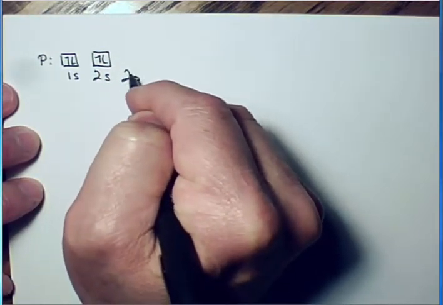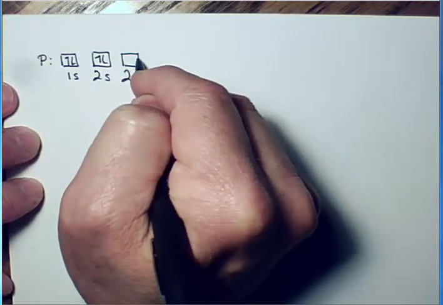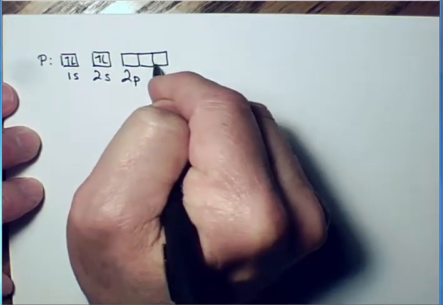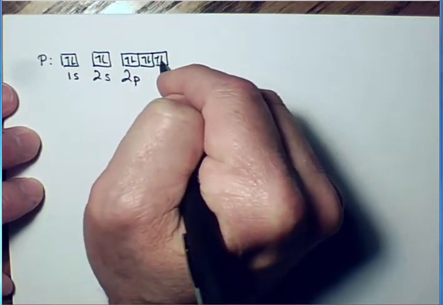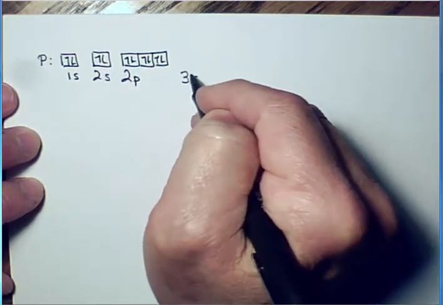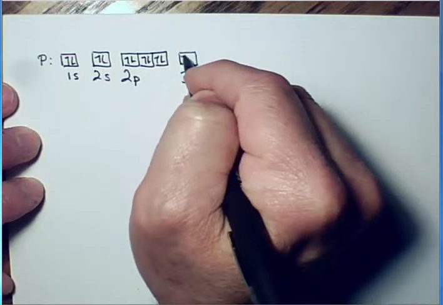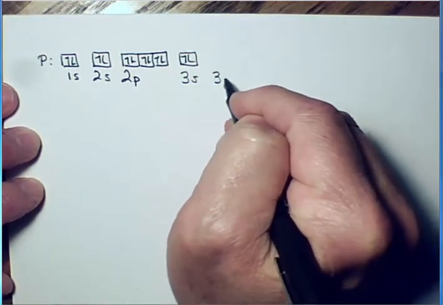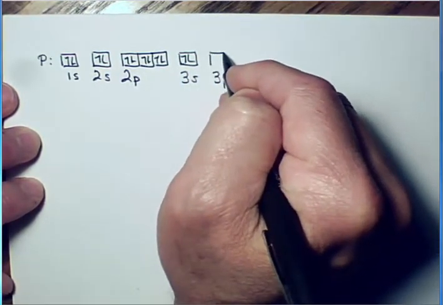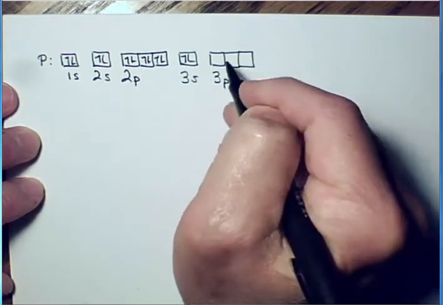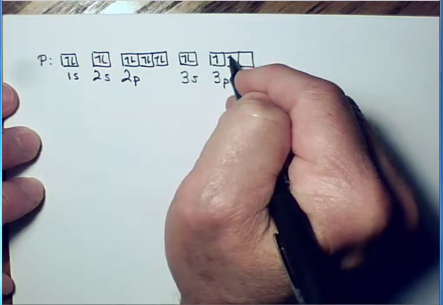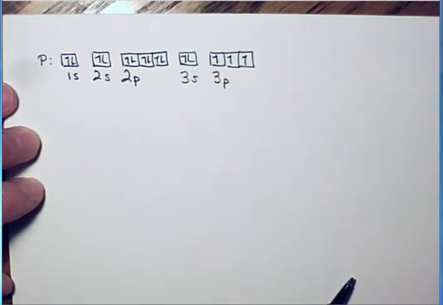Take your time. 2p, 1 electron in each box or orbital, and go back and pair them up as needed. 3s has 2 electrons, and now we're at 3p, and p sublevels have 3 orbitals, and we need 3 more electrons, 1, 2, and 3.